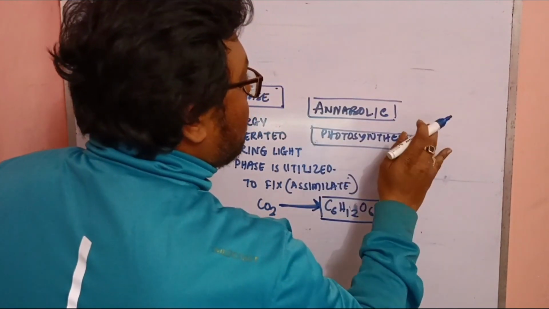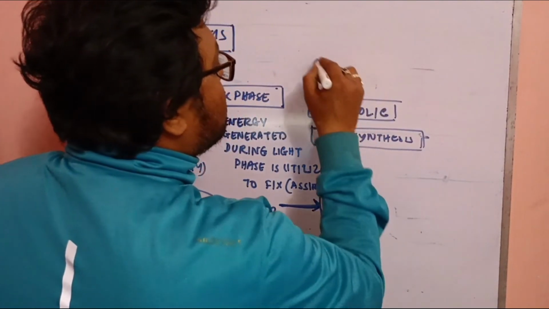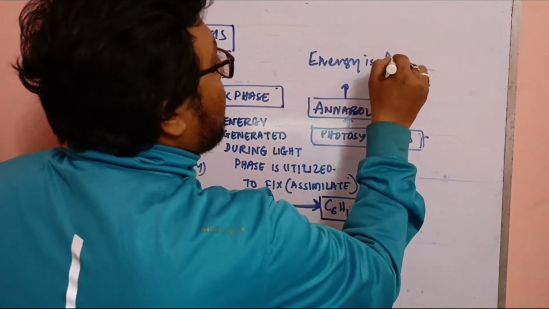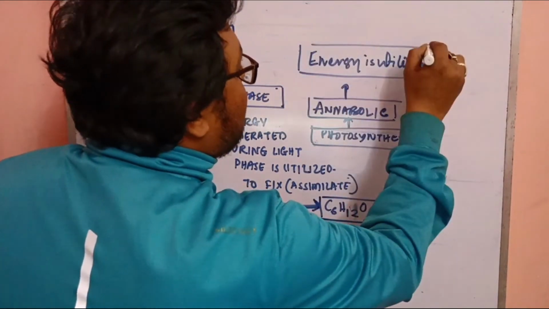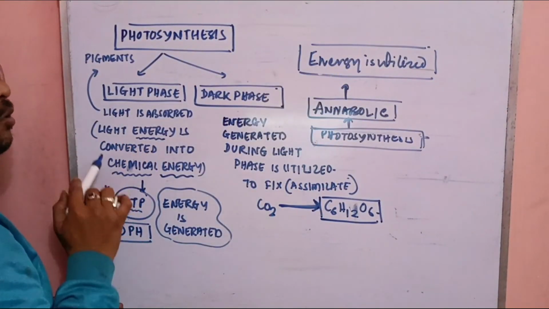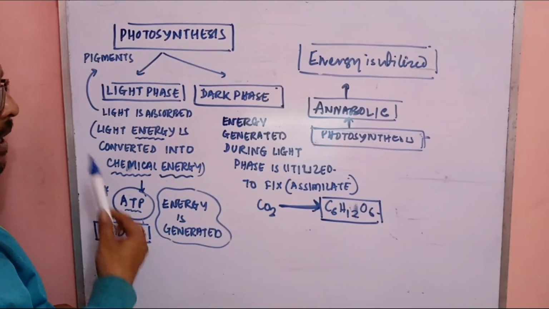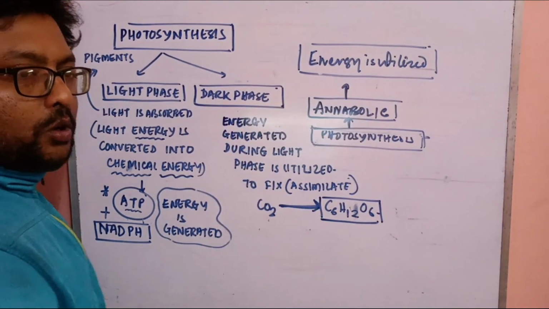Now, in anabolic reaction, energy is utilized. So, এই এনার্জিটা কোথায় থেকে পাচ্ছি? Where from this energy is coming? The ultimate source of energy is the sun, which is converted into chemical energy of ATP, and this ATP is utilized to prepare food. Is it clear?